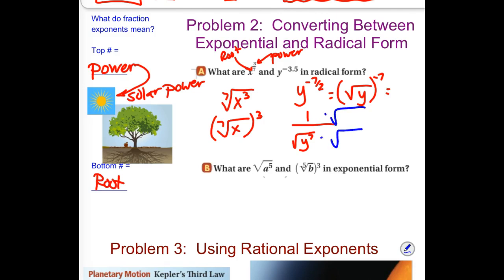We have 7 y's, right? We need groups of 2. So how many more do we need to make even groups? 1 more. So we're going to end up with the square root of y over the square root of y to the 8th. Which becomes what? Y to the 4th.